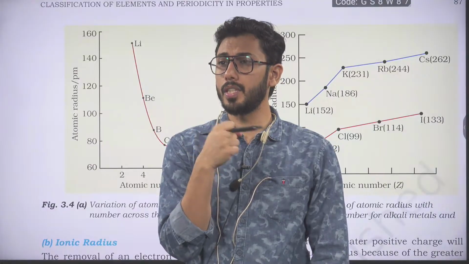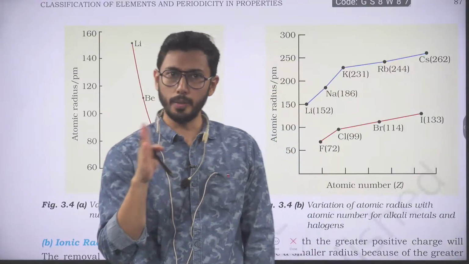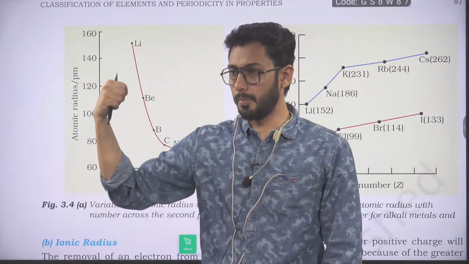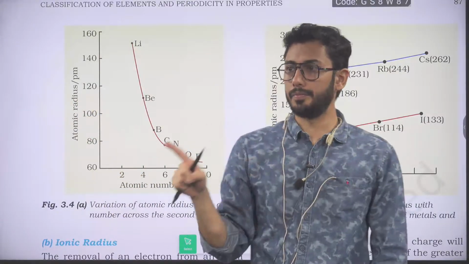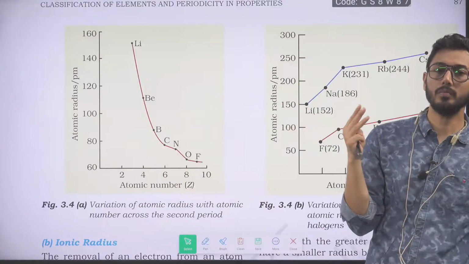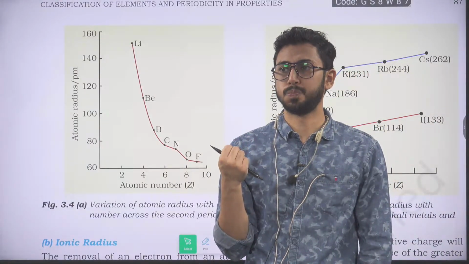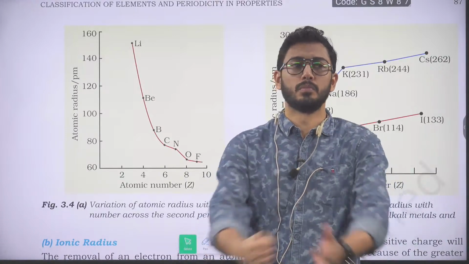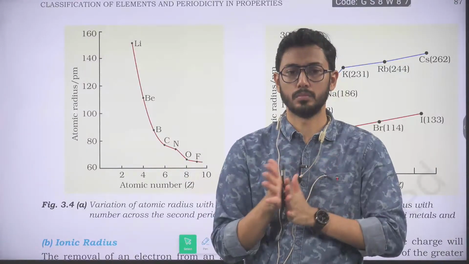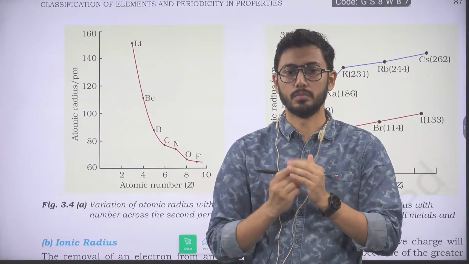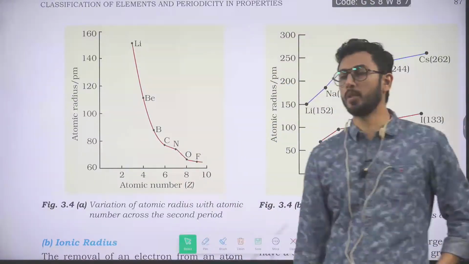Done. Then we have discussed examples. ठीक है, examples done. How many examples done? One was lithium, sodium, potassium. Other was beryllium, magnesium, calcium. I think that is also done. Then lithium till fluorine. These three examples done or not? ठीक है, exceptions also done.